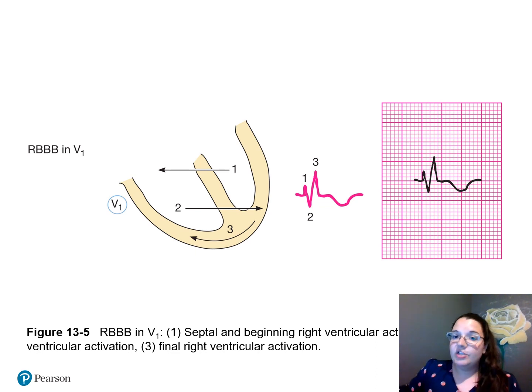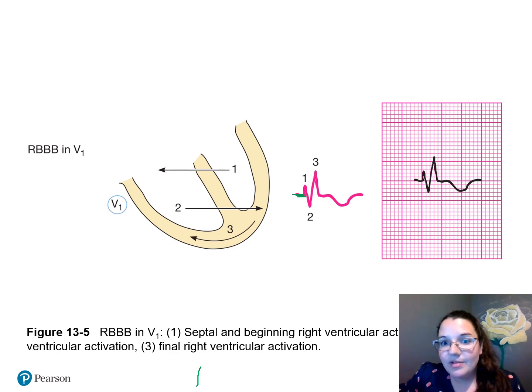Okay, and this is what it looks like. Here we have a very short R. We come down, Q, R prime. How can I tell that I have two R's here? We're going to look at the line right here, your baseline. This is actually your segment.